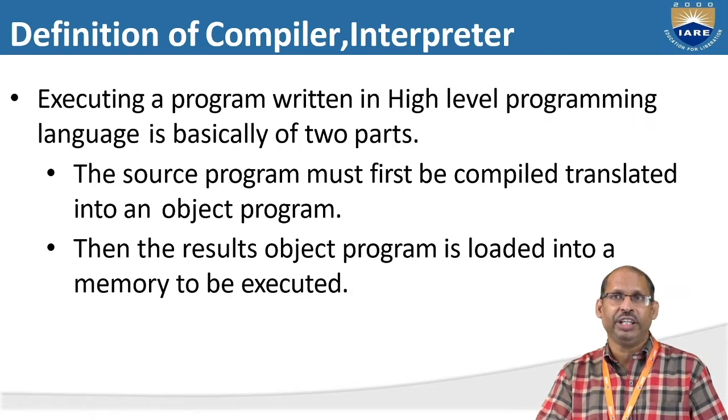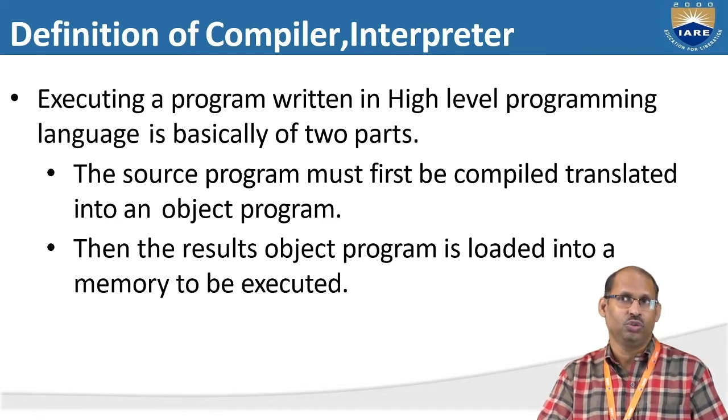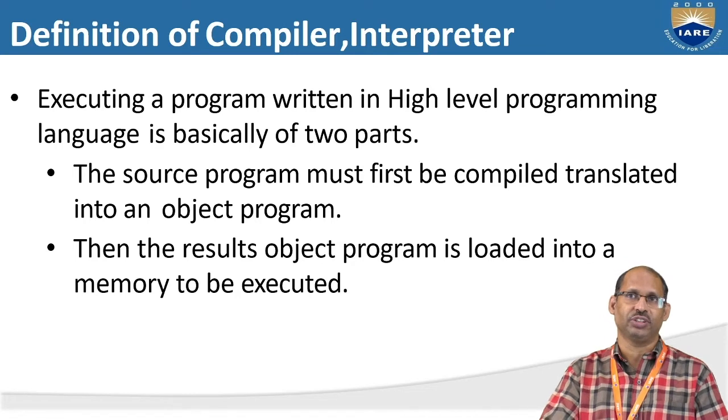So executing a program written in a high level programming language is basically two parts. The source program must first be compiled, translated into an object program. Then the resultant object program is loaded into the memory to be executed. Right?